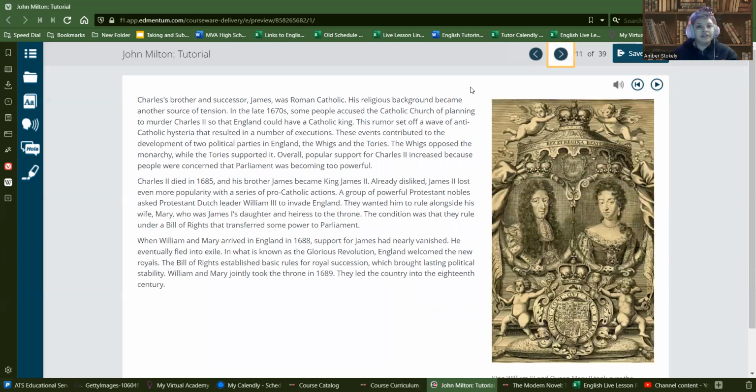So on slide 11, we get more information about how things continue to change. That's basically what we're building on here, information about how things were changing over time. So the Civil War happened because of Charles the First clashing heads with Parliament. Oliver Cromwell won the war against Charles the First and took over and tried to make the government and things more about the Puritans.